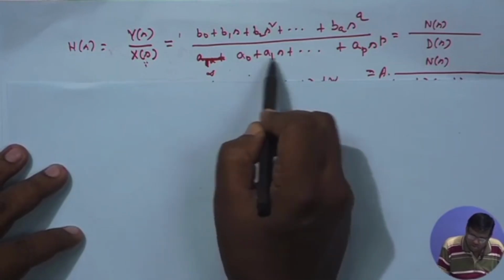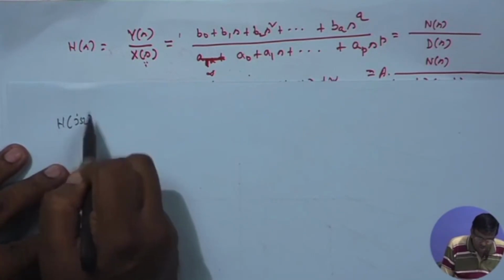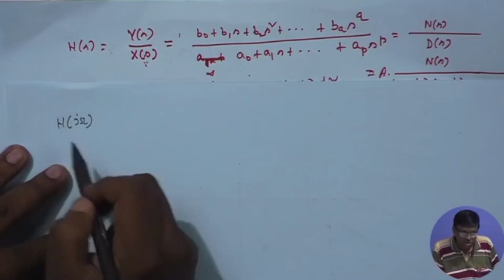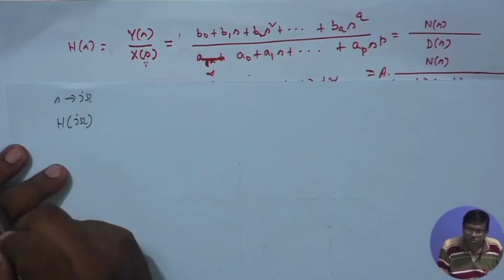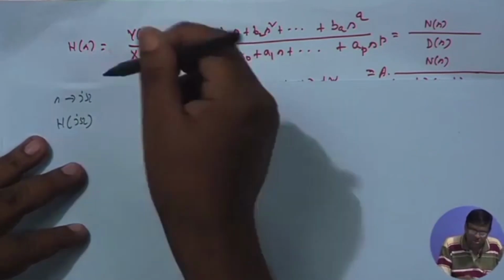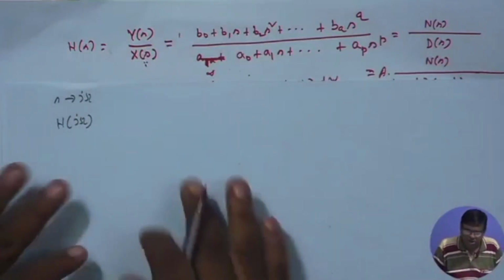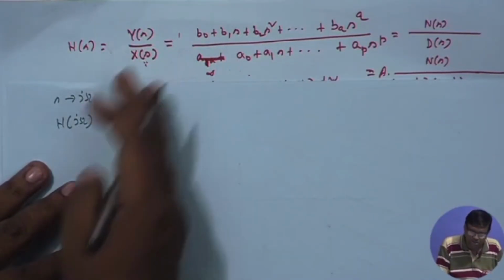Another consideration is what will be the frequency response. Frequency response means S will be replaced by j capital omega, that is, sigma is 0, which means in the S plane I am on the j omega axis. So, I am not moving on the entire S plane, I am moving only on one line, the j omega axis, the y axis.